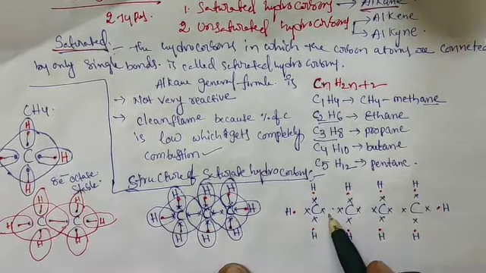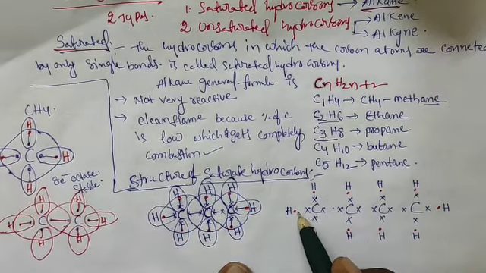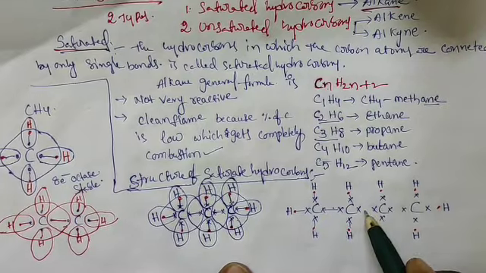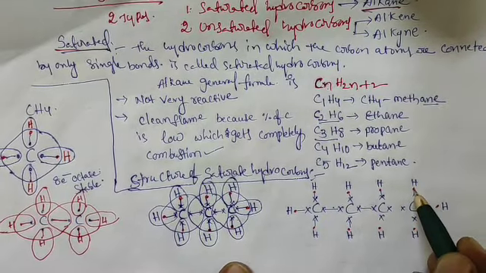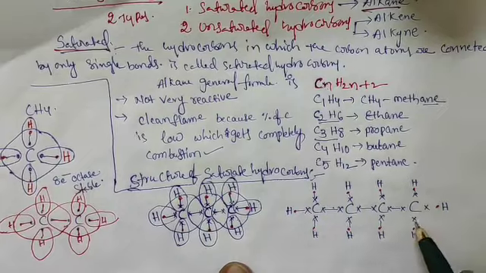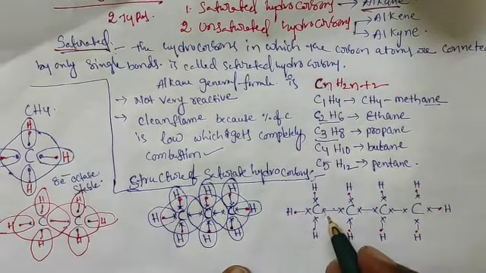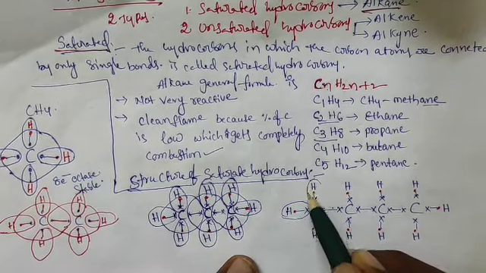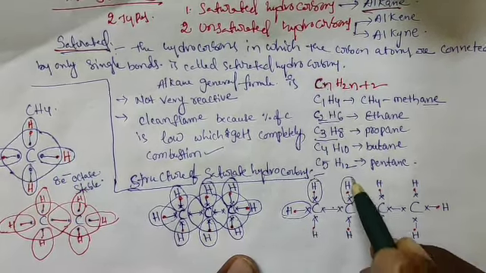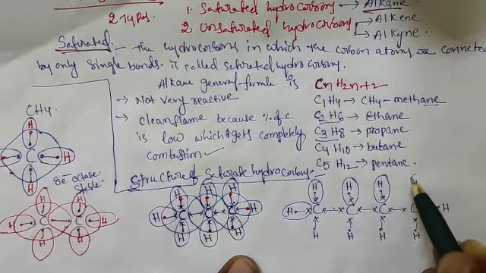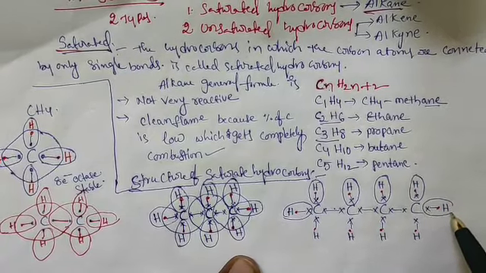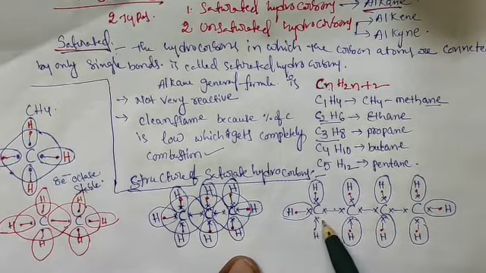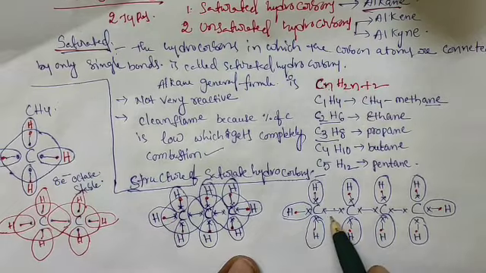Now bonds will be formed between these, like this bond, like this bond. Mutual sharing of electrons between them is known as a covalent bond. So now all are covalent bonds. Now these hydrogens have 2, every hydrogen has 2 electrons, that is the helium electronic configuration.